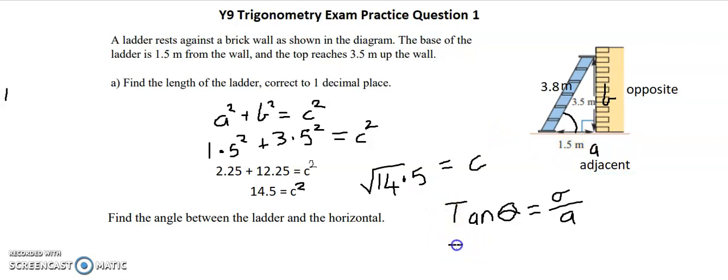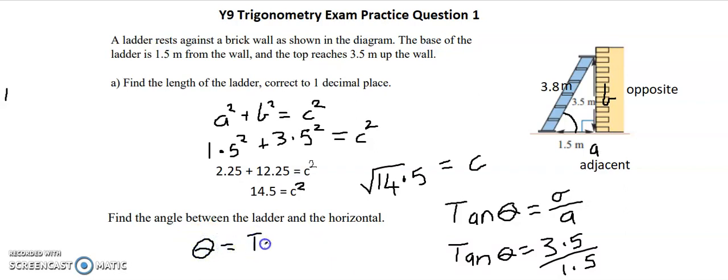So I'm just going to put the information in, which is tan alpha equals opposite, which is 3.5 over 1.5. Now to get my alpha, my angle by itself, I need to do the inverse of tan. The inverse of tan is tan negative 1 and then 3.5 divided by 1.5.